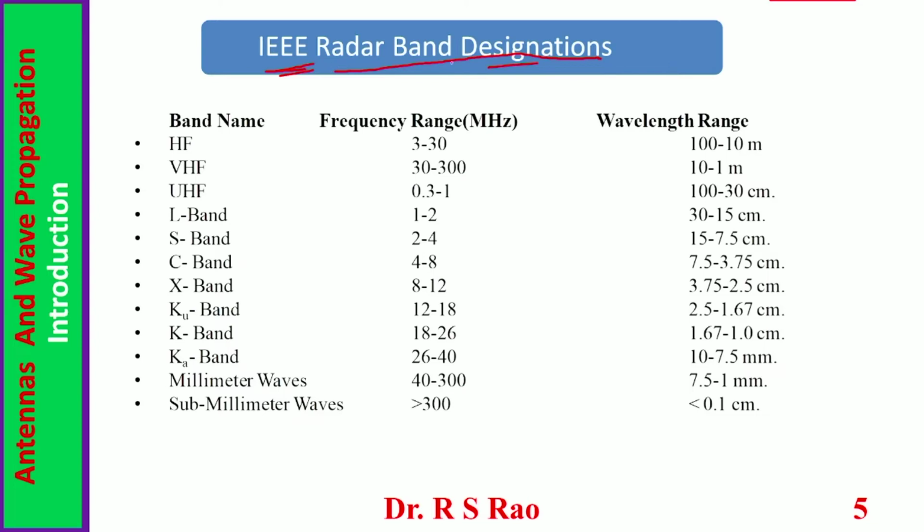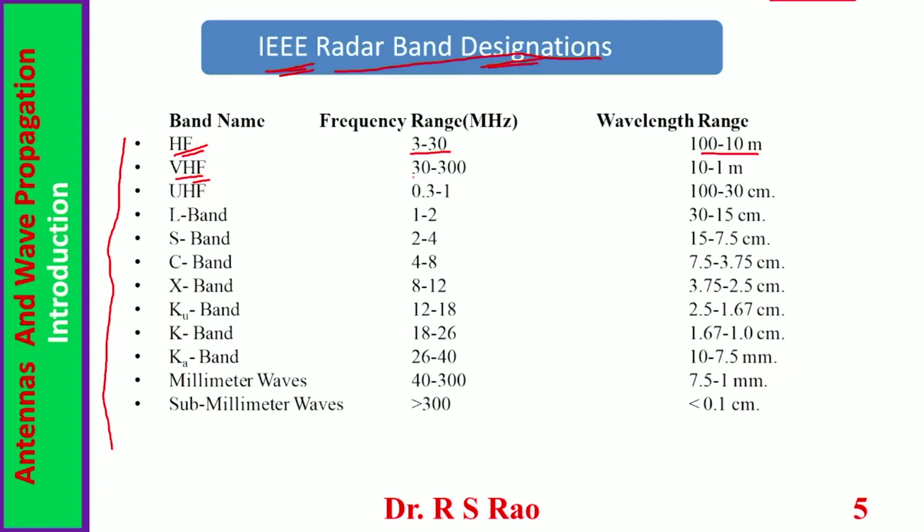Under radar band designations, we have certain labeling for frequencies. We consider them. Now HF means high frequency. Frequency range is 3 to 30 megahertz. Wavelength range is 100 to 10 meters. VHF stands for very high frequency.